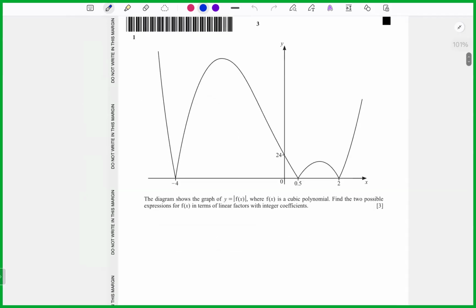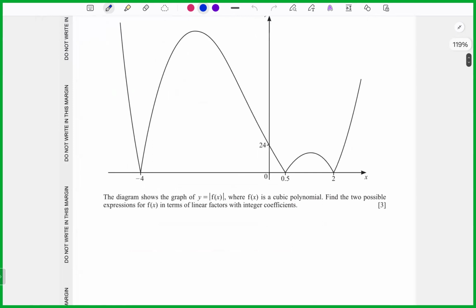Now you can try listing it this way. You can take f(x) equals a, which is a coefficient, times bracket x plus 4, because you see here x equals negative 4, and here x equals 1 over 2, x equals 2.